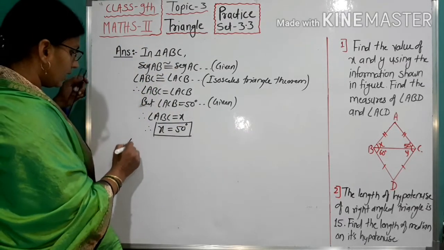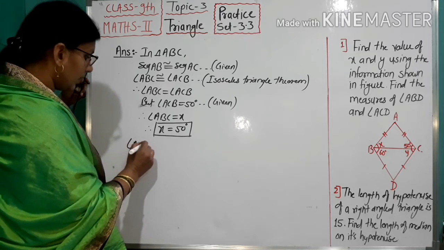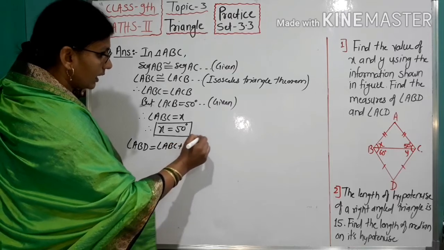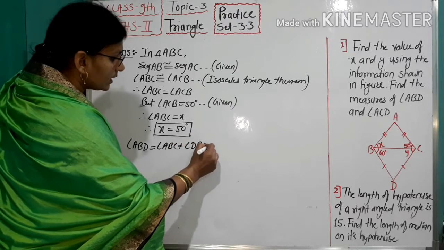So, angle ABD equals angle ABC plus angle DBC.